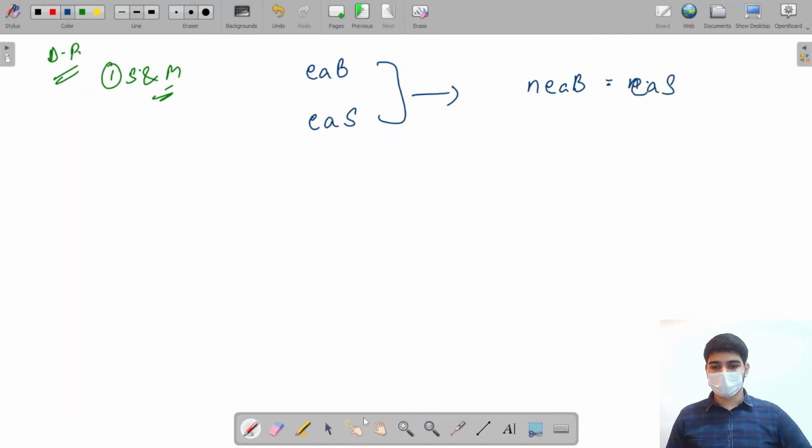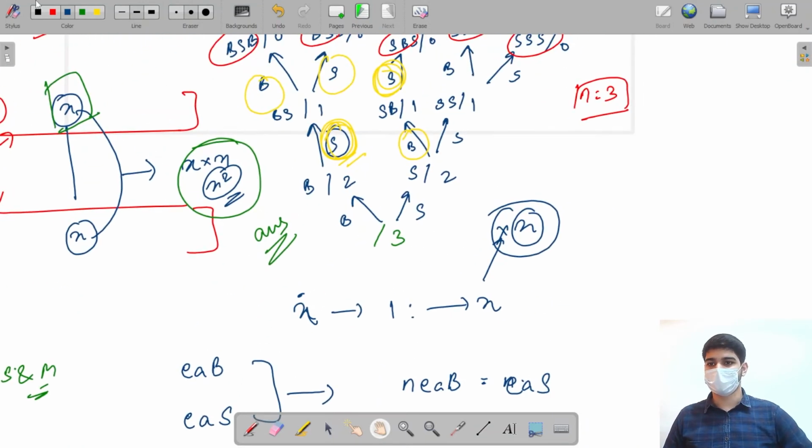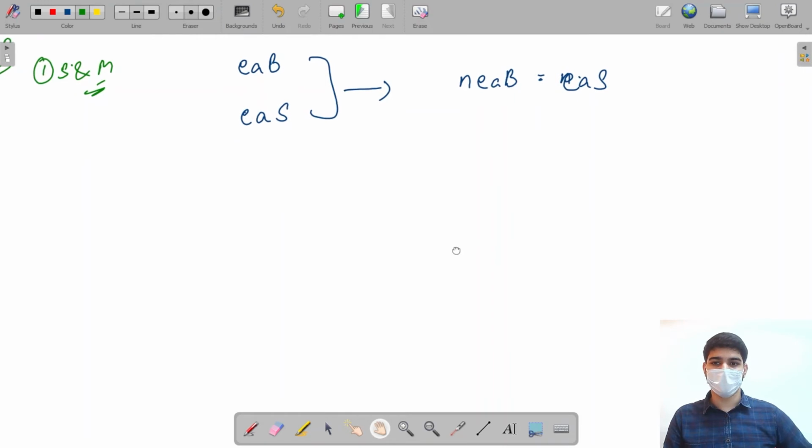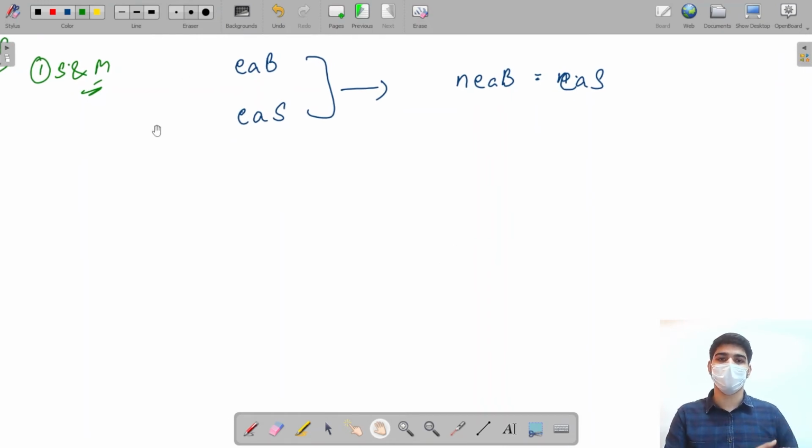If we look at the recursive tree again, if I had to add a building, then I can only add a building when I had a space. So for every configuration that ends with a space, I can just add a building to it, just like the previous question.